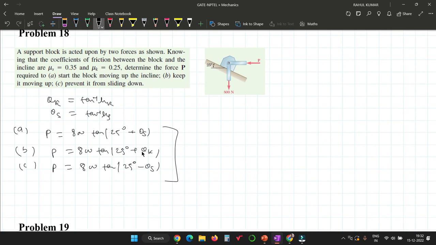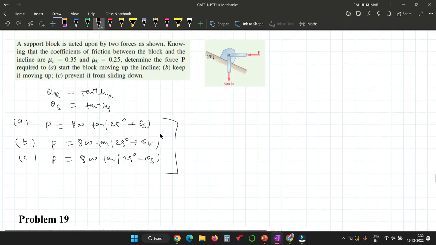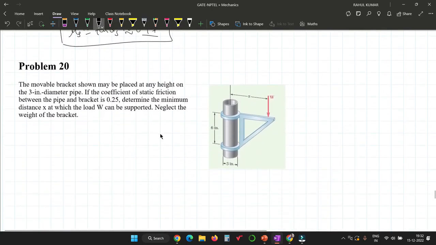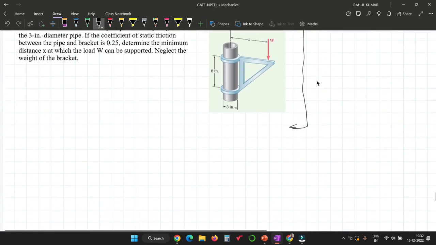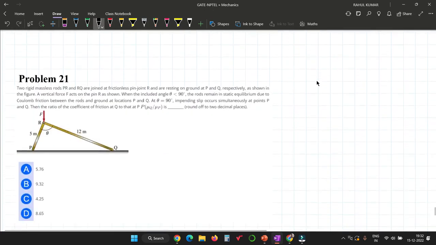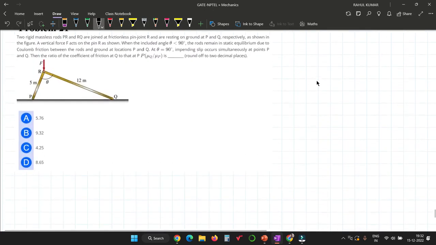Is it clear or not? Yes, sir, clear. So this is what the friction is. You can also solve this problem, but since we don't have sufficient time, you can take it as homework.